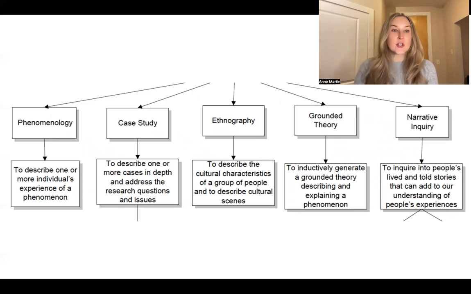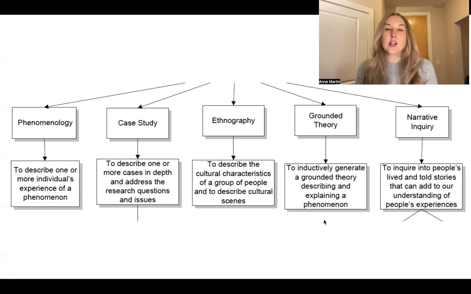The purpose of phenomenology is to describe the experience of some type of phenomenon. A case study is to describe a case, which is a specific instance of a particular phenomenon. Ethnography is a method to understand the cultural characteristics of an institution or a group of people.